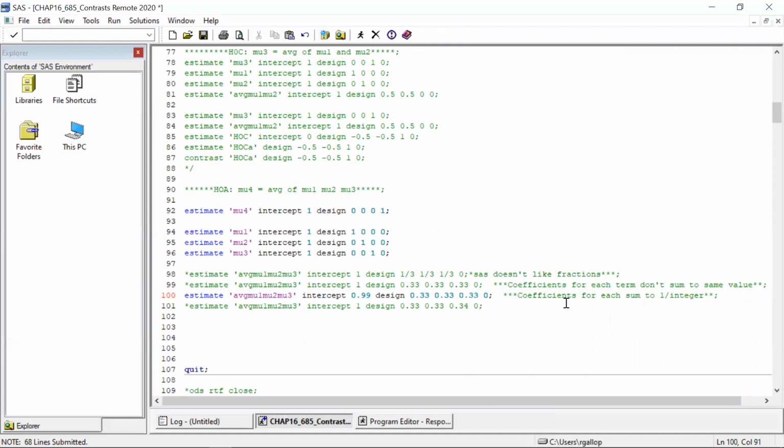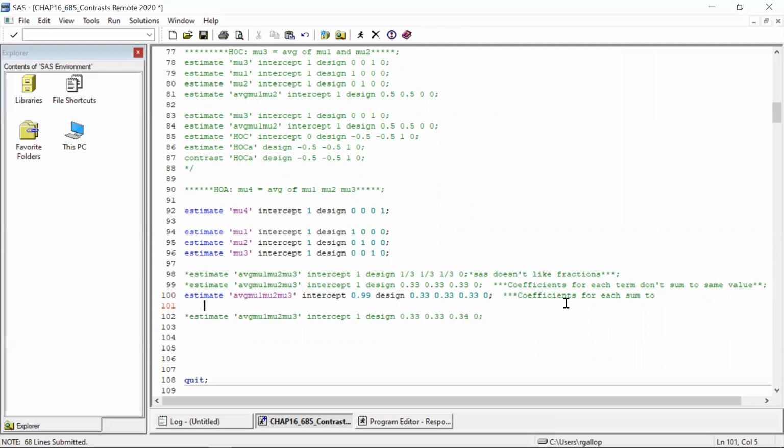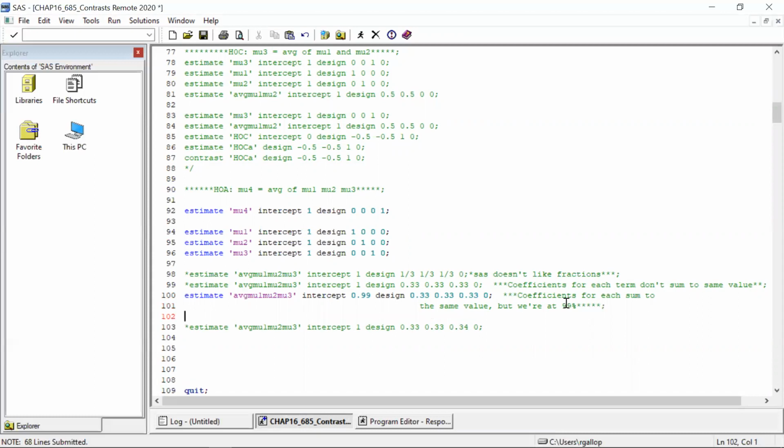So the coefficients for each sum to the same value. Basically, we're estimating 99% of a value, not really the value.